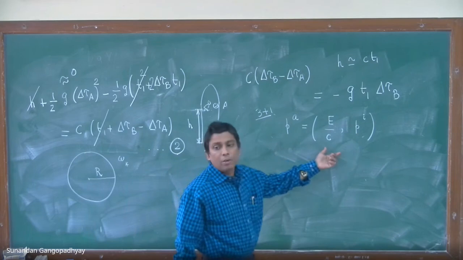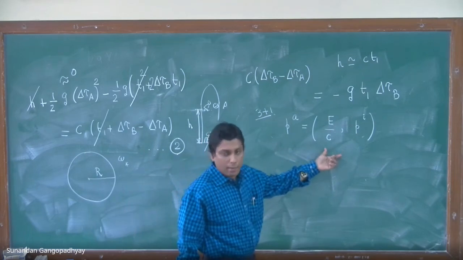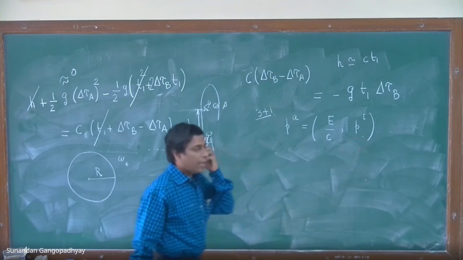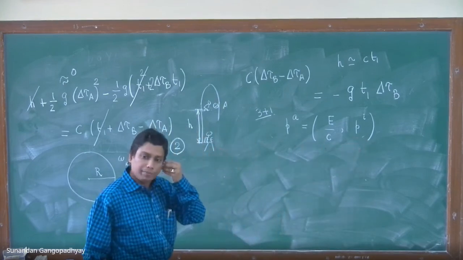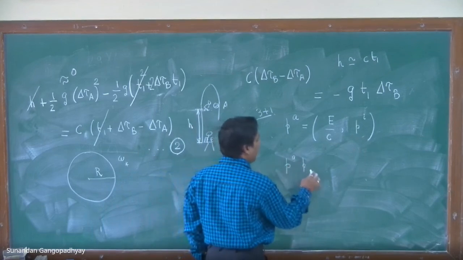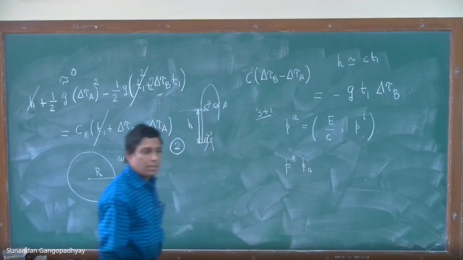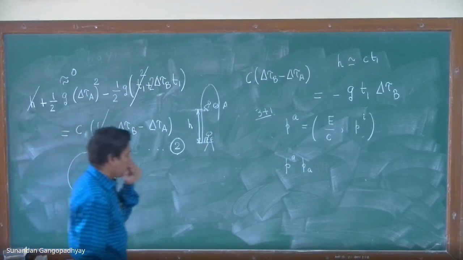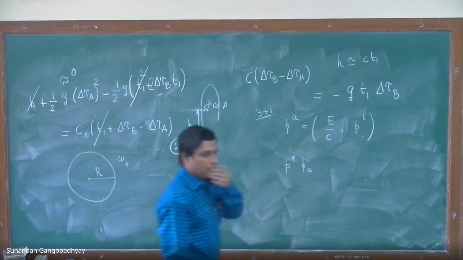What is the zeroth component of this? E by c, and the momentum, the vector component, p^i. What is i? i runs from 1 to 3. And if you calculate p^a p_a, this is a Lorentz invariant. This is equal to the rest mass square of the particle. Okay? And this is the energy of the particle.